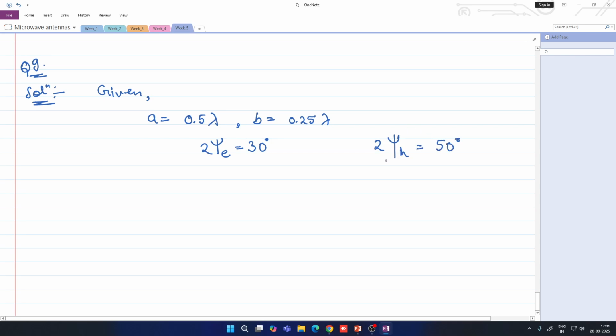So these are the data which is given in the problem. Now we have to find out the dimensions at its aperture.